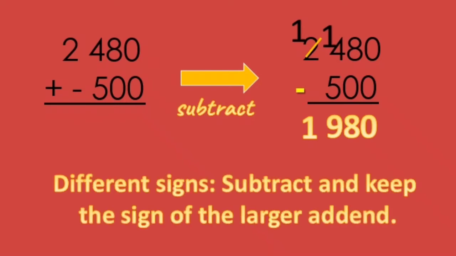And take note, different signs we subtract and keep the sign of the larger addend. That means the sign of 2480 will be followed by the sum because it is bigger than 500.